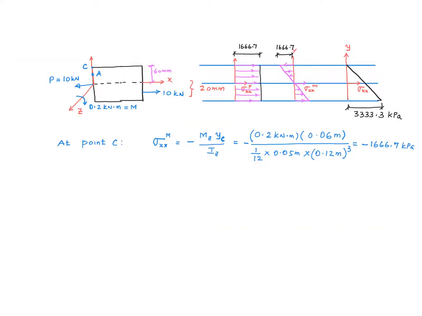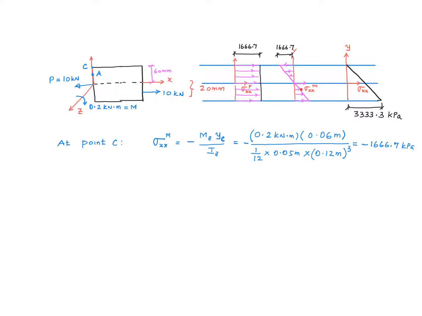Just for completeness, here I am sketching the variation of the stresses due to these individual forces and the combined stress in the y direction. The distribution due to the axial force is uniform and the magnitude is 1666.7 kilopascal.